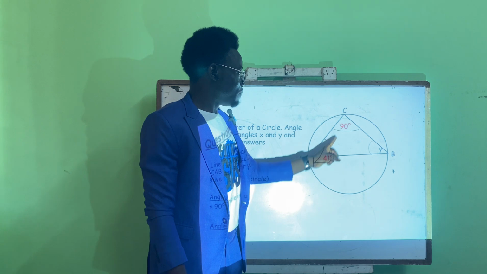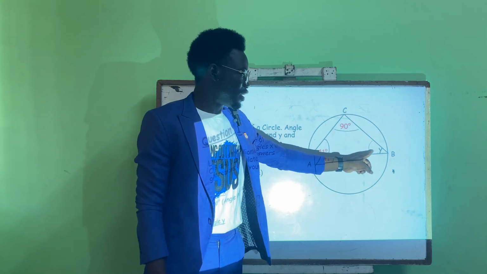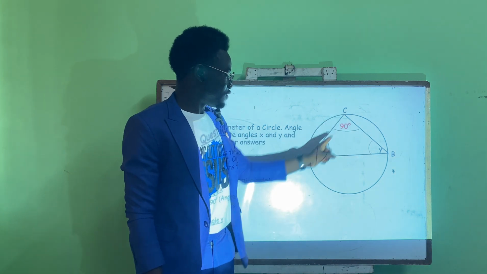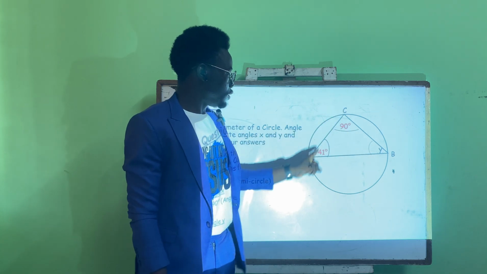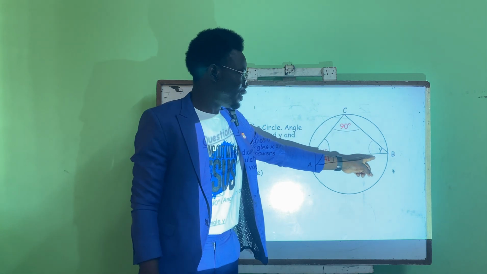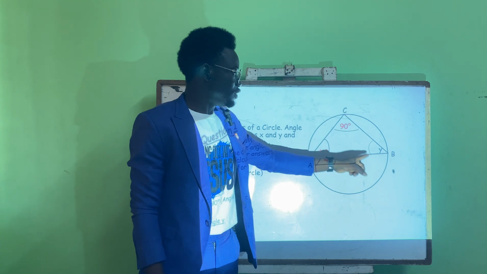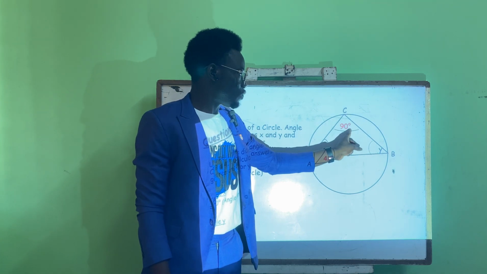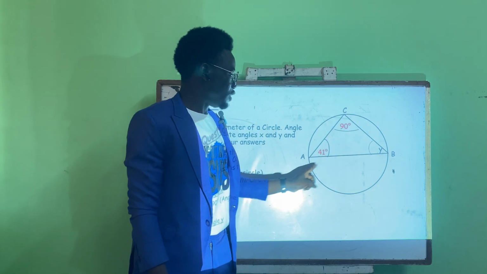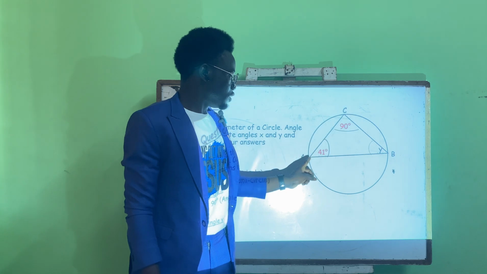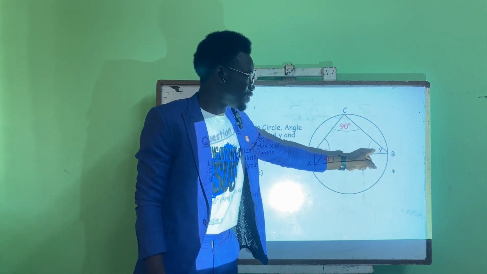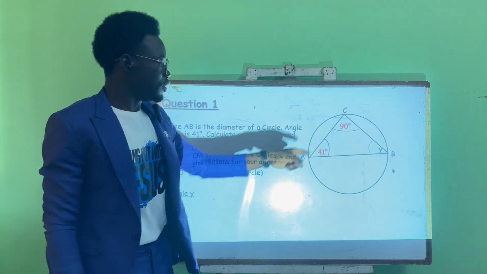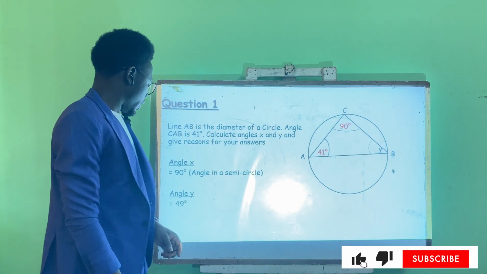So we can sum this angle and that angle. This angle is ACB, this one is CBA, which is the Y, and CAB is the 41. So we are finding this angle Y, that's CBA.